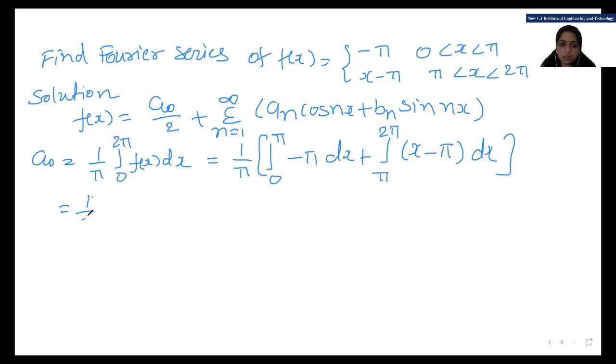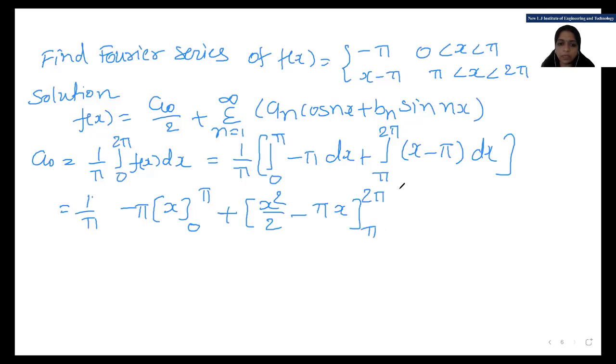As this minus pi is constant, the integration of 1 with respect to dx is x, and the limits are 0 to pi. Plus, now the integration of x is x square by 2 minus pi x, and the limits are pi to 2 pi. So 1 by pi, here minus pi.